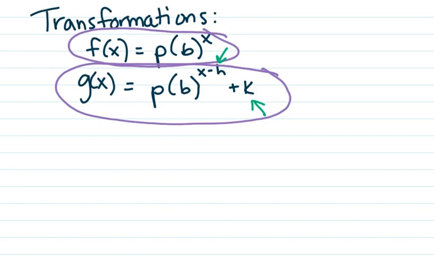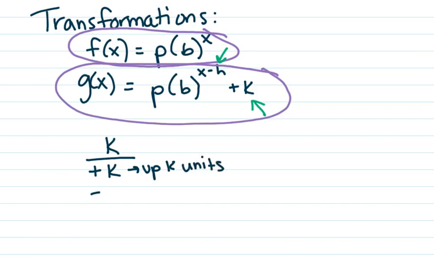And so I want to talk for a minute about what those do to your graph. So for k, you'll notice that k will be a number. It's either going to be added to or subtracted from the end of your function, and so it won't be in the exponent like the h. And so if k is a positive number, then your function is moving up k units.